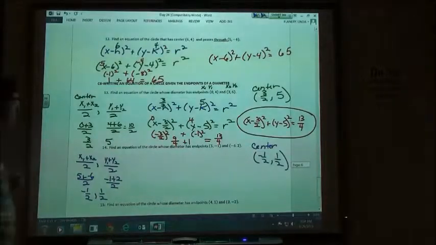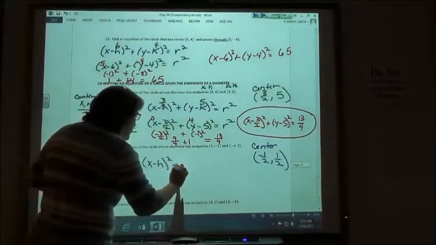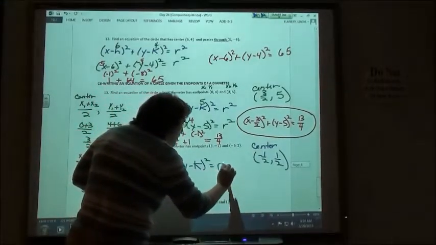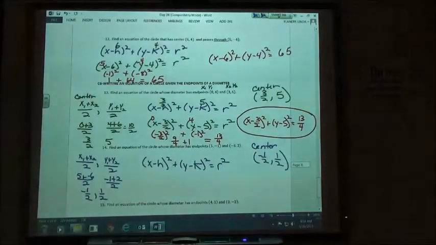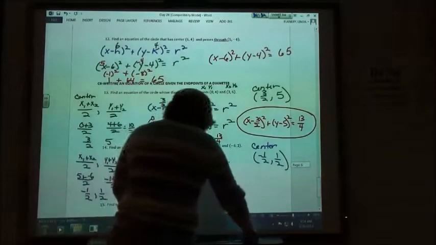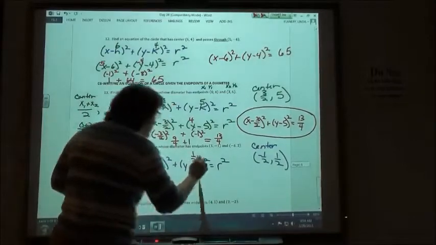So now I can go to my equation. x minus h squared plus y minus k squared equals r squared. And we're going to plug in our -1/2 and our +1/2, right? So then what do I get?